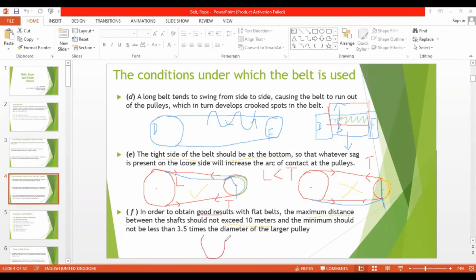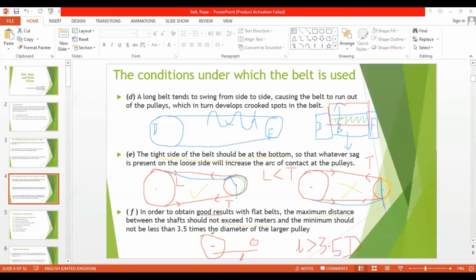So if I consider this as the larger pulley and this as the smaller pulley, the distance between these two shafts, if I mention it as L, this distance L should be greater than 3.5 times the diameter of the larger pulley.